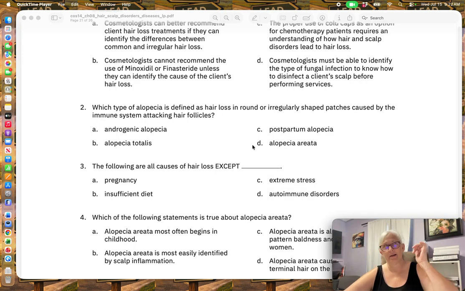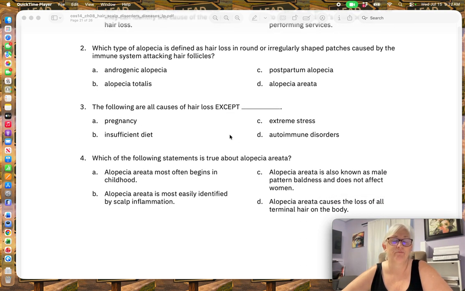I'm going way back to my hair school days. It's something that always stuck out for me. Alopecia, we know, is hair loss, right? That doesn't change. Alopecia is hair loss. Areata is hair loss in patches. So that's the one that it has to be. It's the only one that goes in patches. So it's the immune system attacking hair follicles in patches.